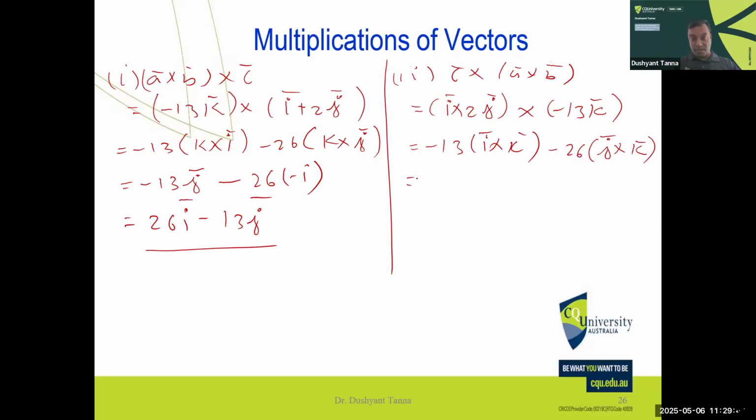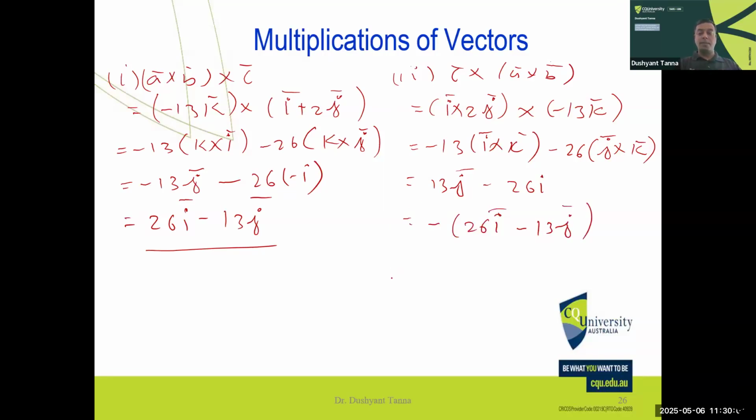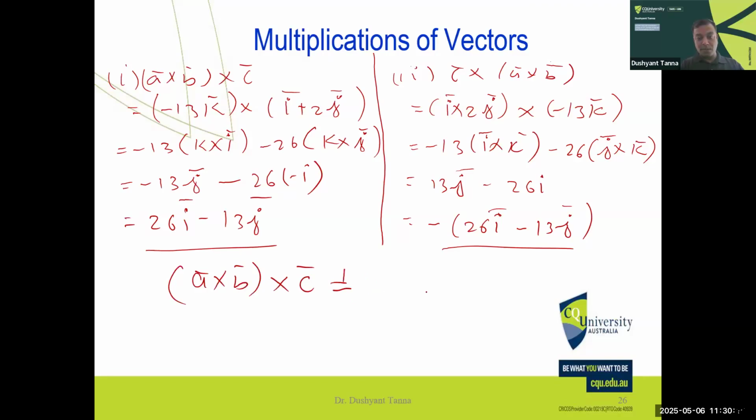It's i to k. So it's minus j. Can I say 13j? j to k is simply i, so minus 26i. If I keep a negative outside, so what I obtained is A cross B cross C is not the same as C cross A cross B. In fact, it's the opposite.